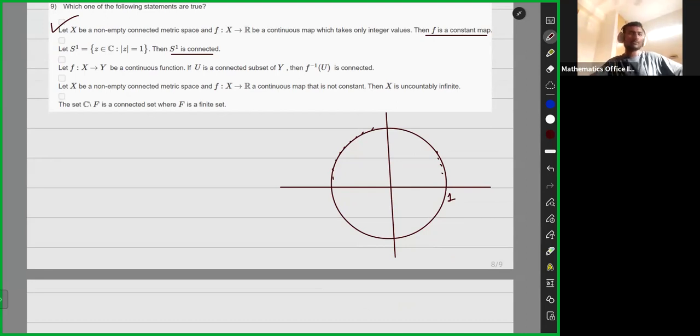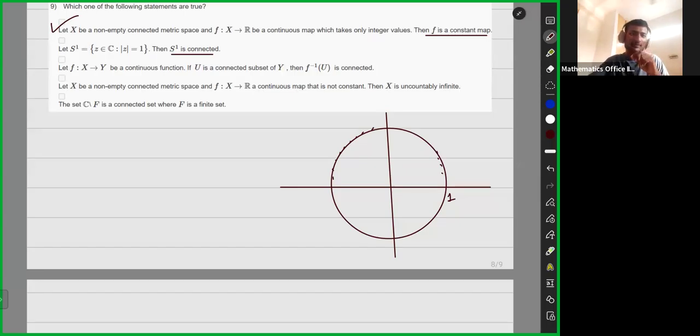Okay, you are saying it is not connected. So you should give me two disjoint components. Both should be open or both should be closed, and they should be disjoint. Let me wait for one minute so that you can give. I'm waiting. Then we'll explain why it is connected.